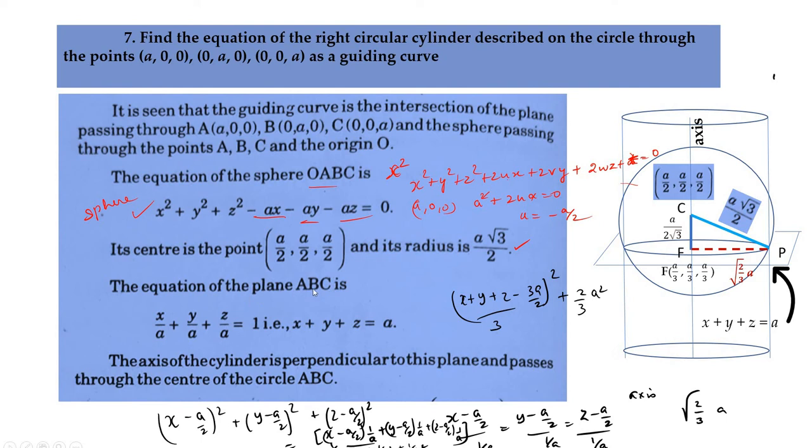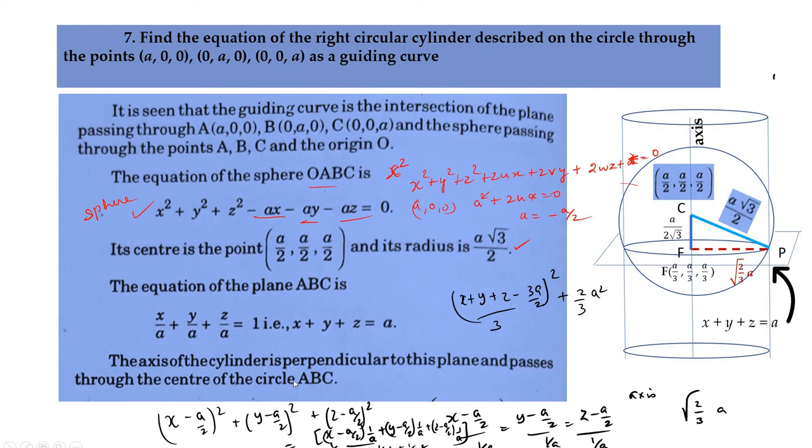Now when we consider the equation of the plane ABC, it is given by x plus y plus z equal to a. Now the axis of the cylinder is perpendicular to this plane and passes through the center of the circle ABC.